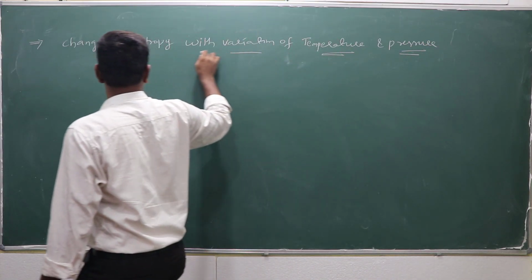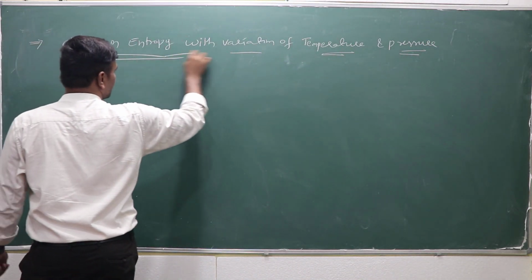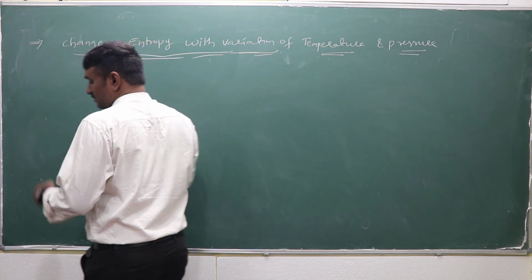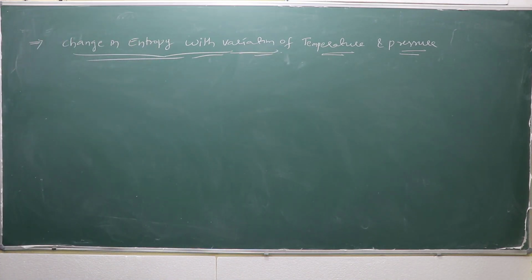Already we have seen the first case, the variation of entropy with variation of temperature and volume. We have already discussed temperature and volume. Now another one is temperature and pressure. Next is change in entropy with variation of the temperature and pressure.